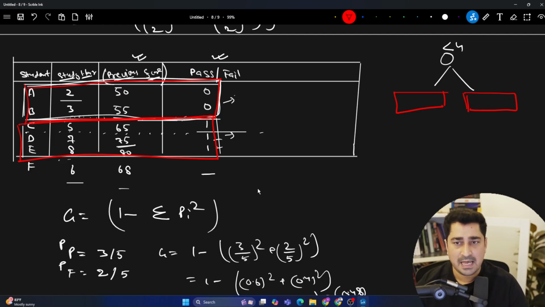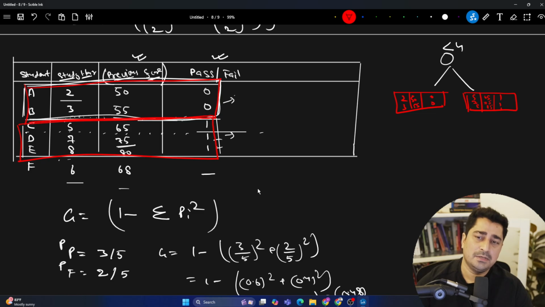So what data do we have? We have basically 2 and 3, we can write it down: 2 and 3, 50, 55 and 0, 0. And we have basically 5, 7 and then 8, so 65, 75 and then 85, and 1, 1, 1. We have this kind of data.